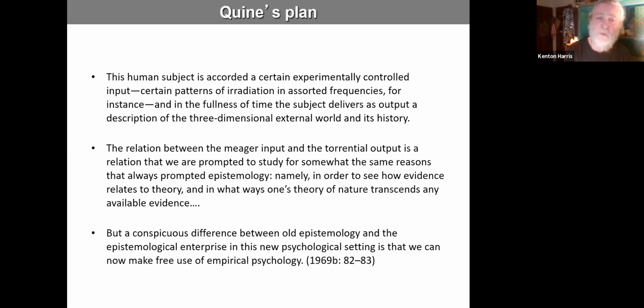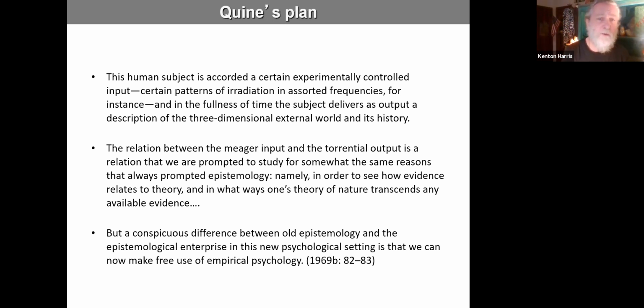The relation between the meager input and the torrential output is a relation that we are prompted to study for somewhat the same reasons that always prompted epistemology, namely, in order to see how evidence relates to theory and in what way one's theory of nature transcends any available evidence.